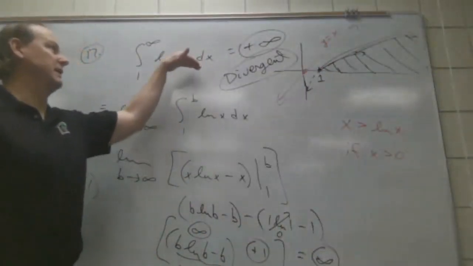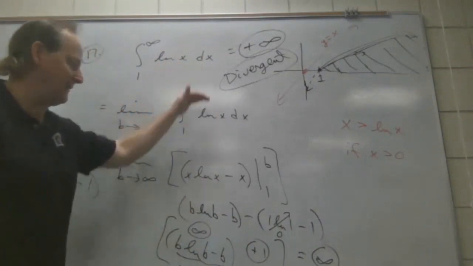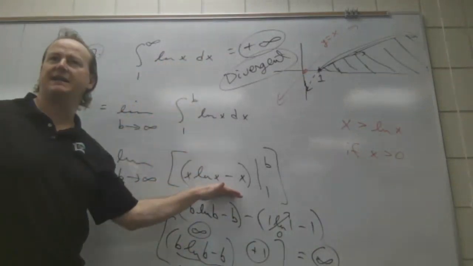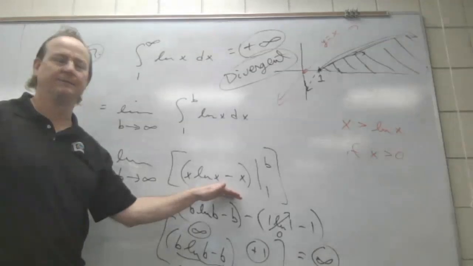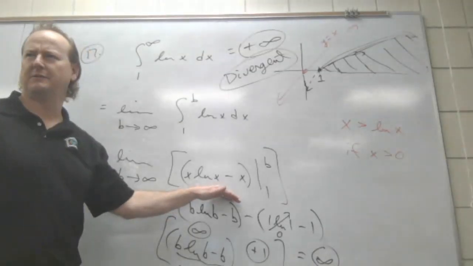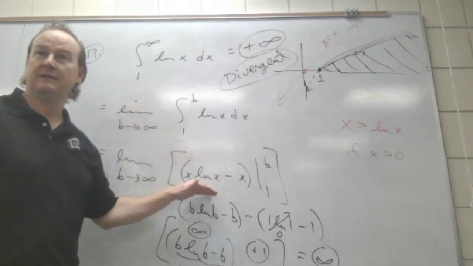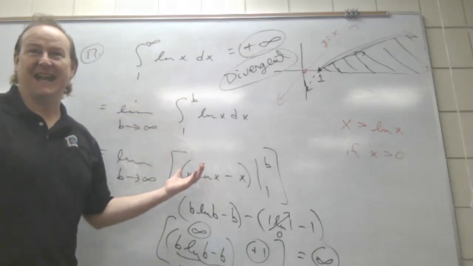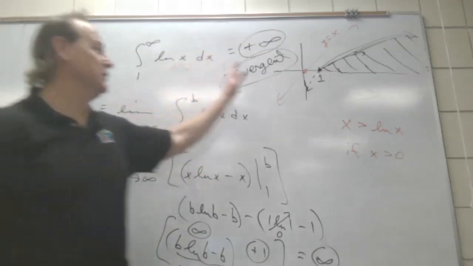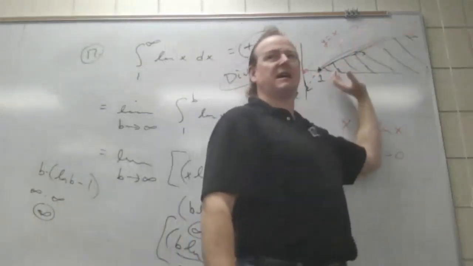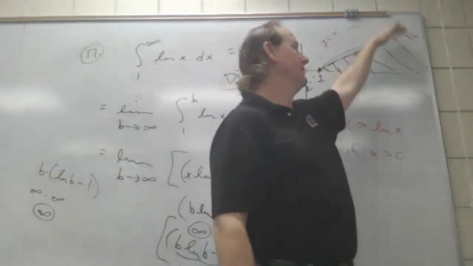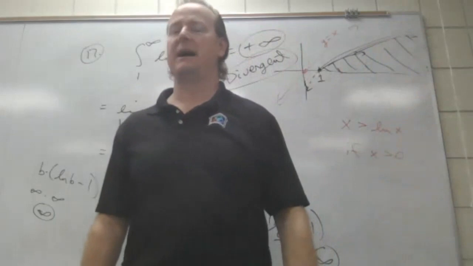So moral of the story, to get to the answer, did we have to go through this and search through our log integrals? That's kind of ironic. Didn't have to, because we know what it looks like, that it's expanding. The area here is expanding without bound.